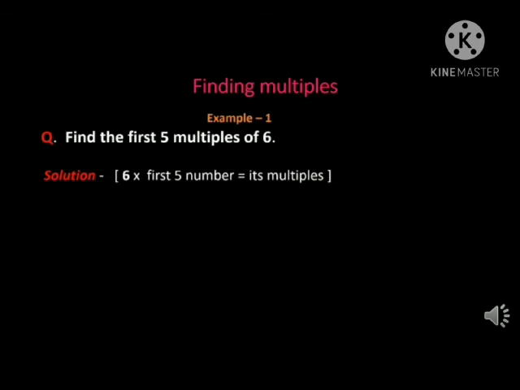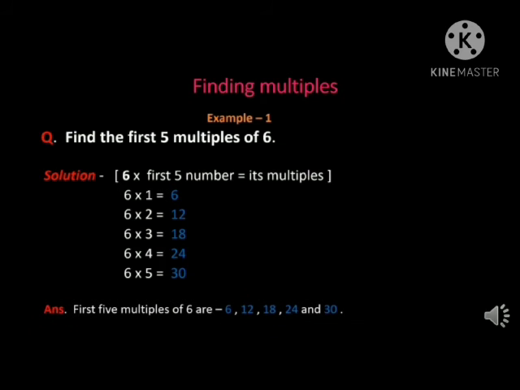So let's multiply. 6 multiplied by 1, 2, 3, 4 and 5 gives 6, 12, 18, 24, 30. Therefore, we get the first 5 multiples of 6 as 6, 12, 18, 24 and 30.